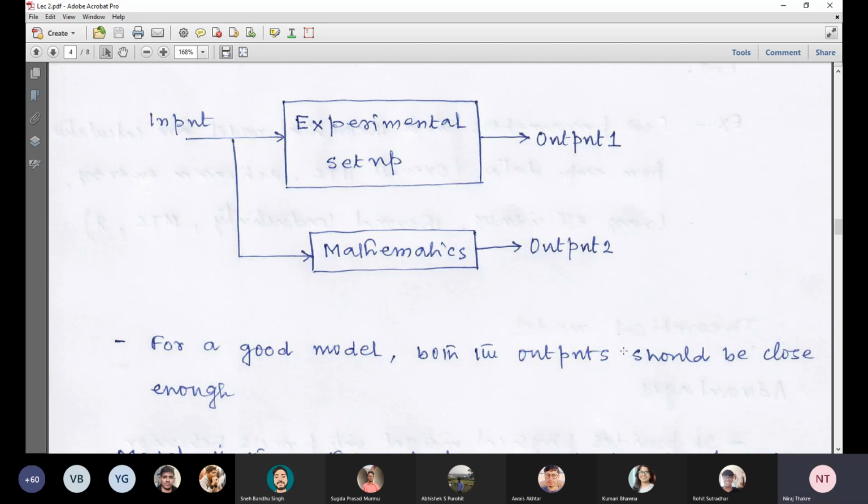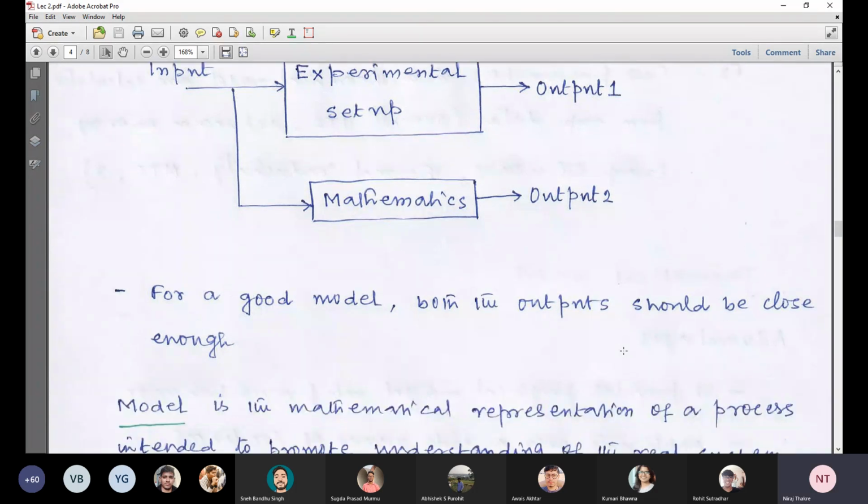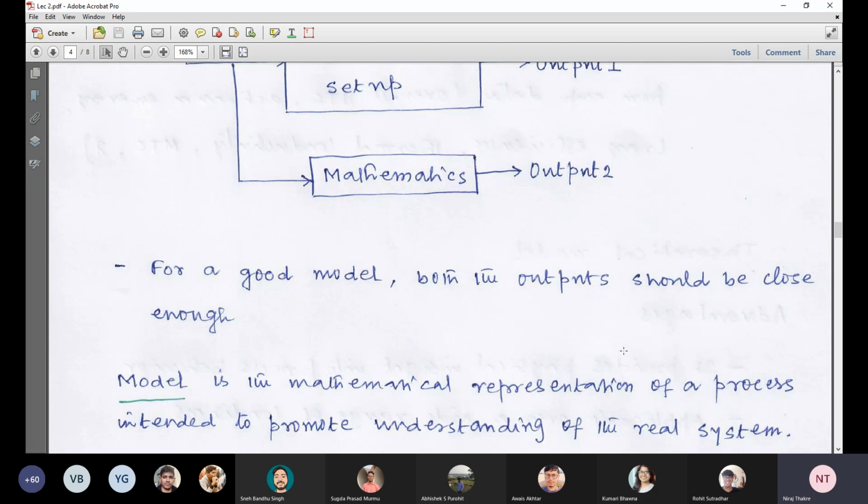It's never possible in practice. So how can we define this model? This is the formal definition. Note down this formal definition.